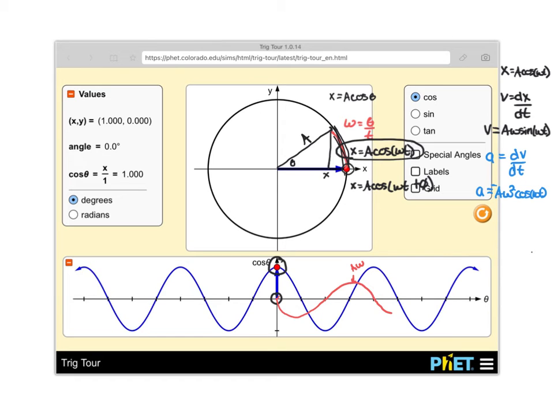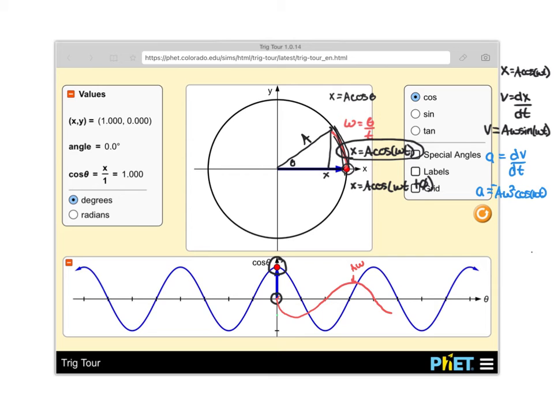Alright, so now, once again, we're back to a cosine curve, so we expect our maximum acceleration to occur at the same place as our maximum position. Only this time we're going to start negative, because acceleration is going to be negative.